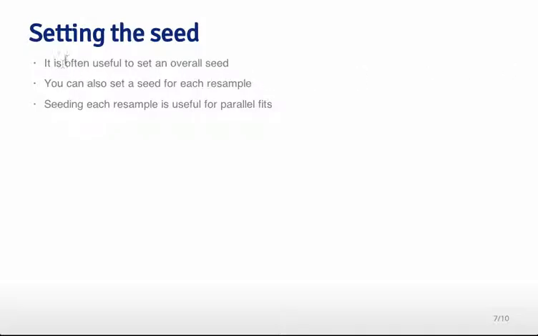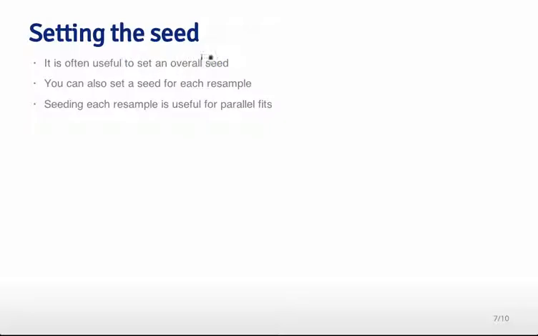Finally, an important component of training these models is setting the seed. What I mean by that is most of these procedures rely on random resampling of the data. If you rerun the code over again, you will get a slightly different answer because there was a random draw that was created when you were doing cross-validation.